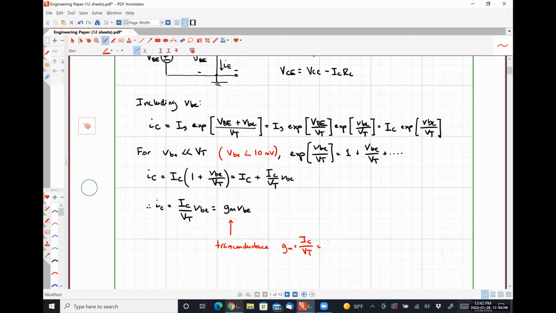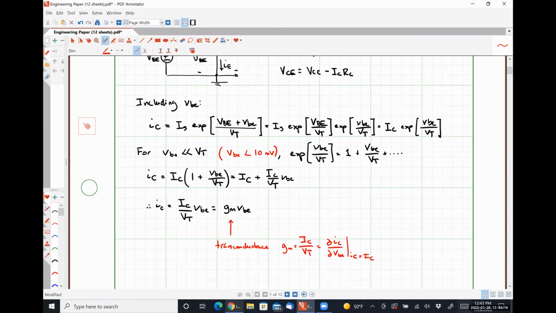Generally speaking, it is the change in the collector current due to a change in the base emitter voltage, evaluated when lowercase iC is equal to the DC bias collector current. You don't have to remember this partial derivative relationship literally at all. It's simply IC over VT and you're good to go.